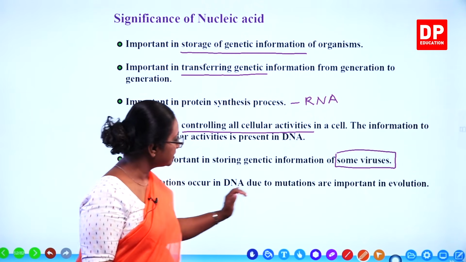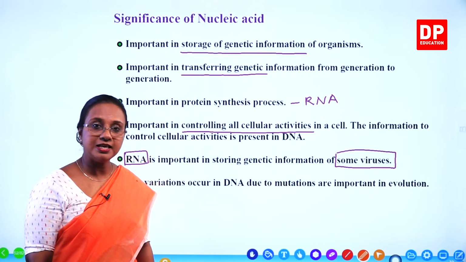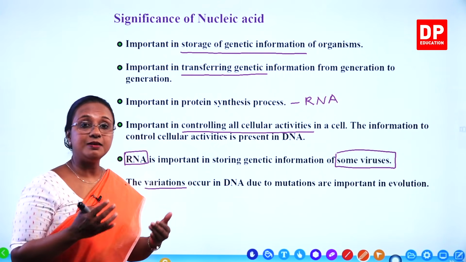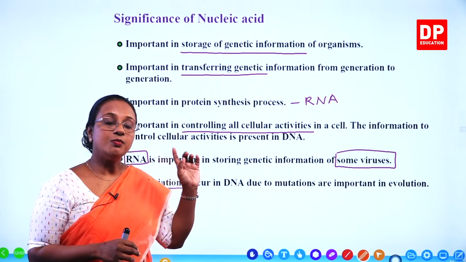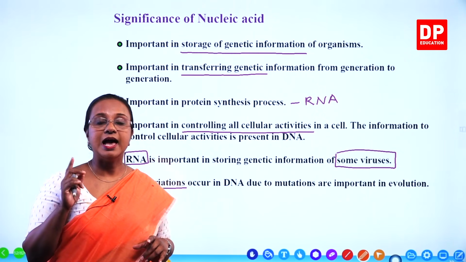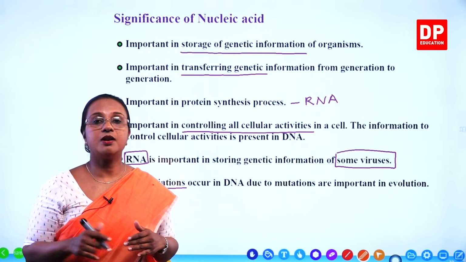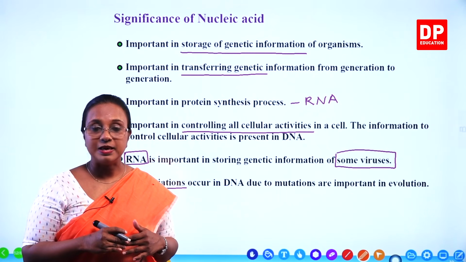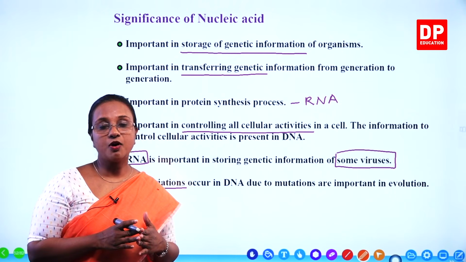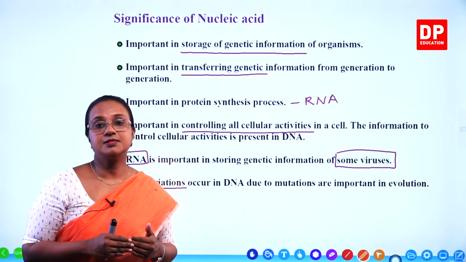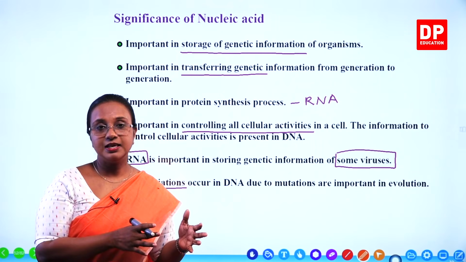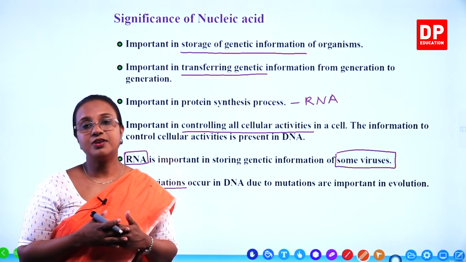Now, there are many terms that you need to understand here. The first one is variation. Varying means change. We saw in the previous slide, the DNA molecule has a certain order of nitrogenous base sequence. That is responsible for certain characteristics. Let's say father has curly hair and mother has straight hair.